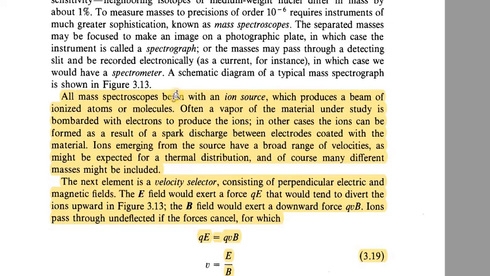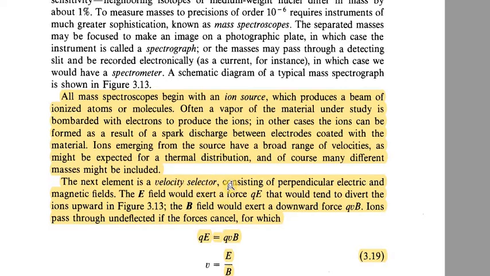So first, for a mass spectrometer, the first element is the ion source. The next element is a velocity selector. Ion source and velocity selector are the first and second parts of the mass spectrometer.